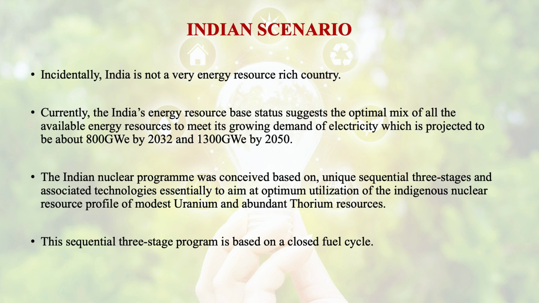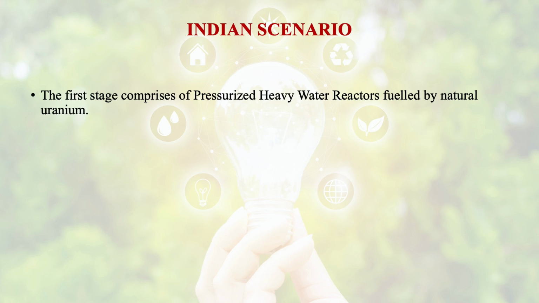This sequential three-stage program is based on a closed fuel cycle. The closed fuel cycle multiplies manifold the energy potential of the fuel and greatly reduces the quantity of waste generated. The first stage comprises pressurized heavy water reactors, which are fueled by natural uranium.